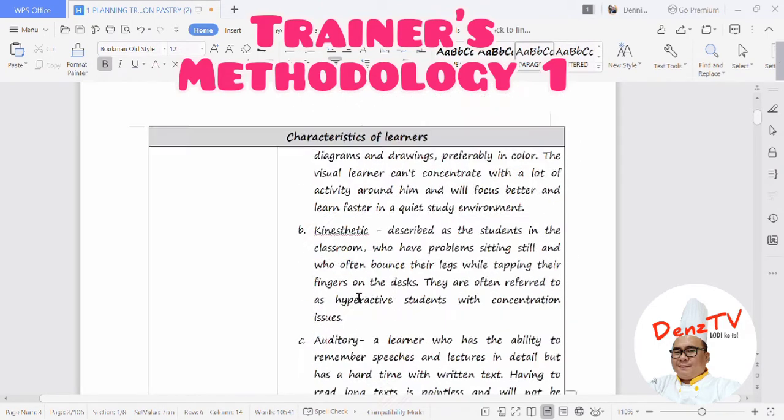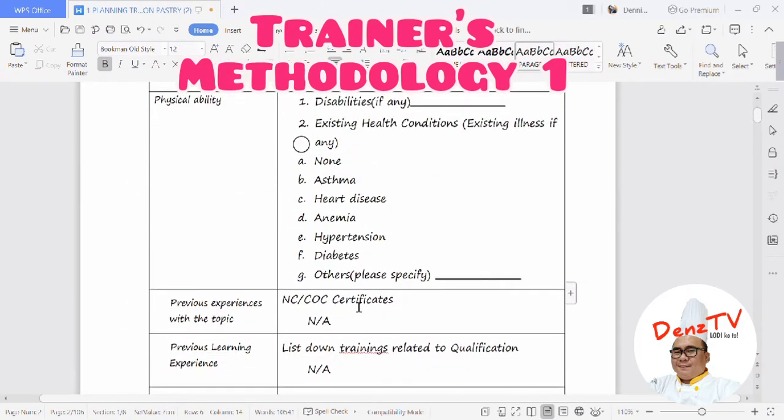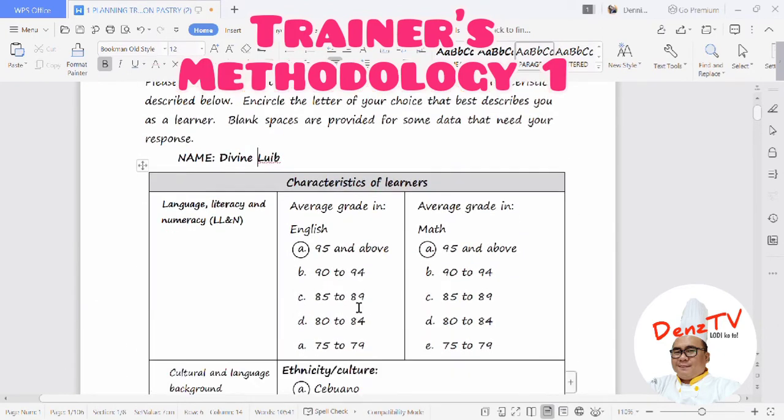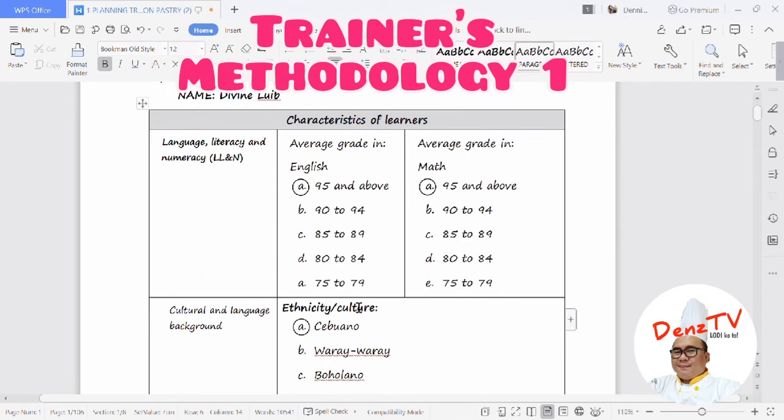Later on, we will discuss that further. Next, it also suits their motivation and interest, because they are the basis in choosing the methodologies to be used by the trainer.